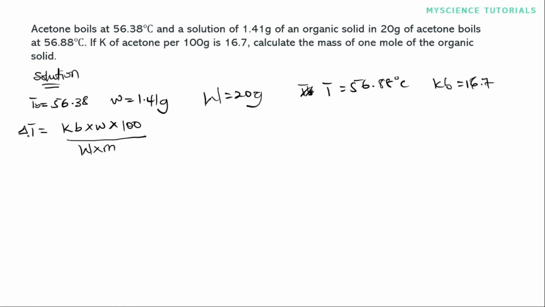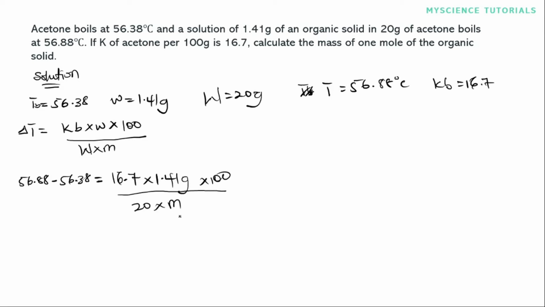Now our delta T over here will be T minus TB, so it becomes 56.88 minus 56.38, equal to our Kb, 16.7, multiplied by our small w, 1.41 grams, then multiplied by 100, all over our capital W, 20 grams. So our small m we don't know, so we are going to make that the subject.